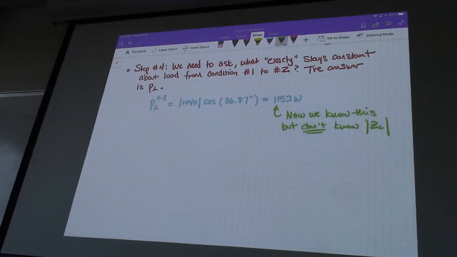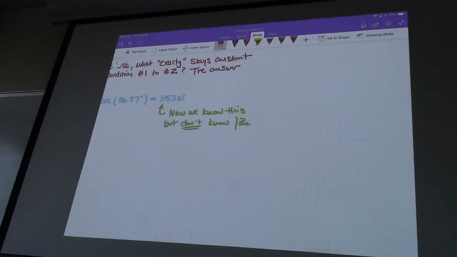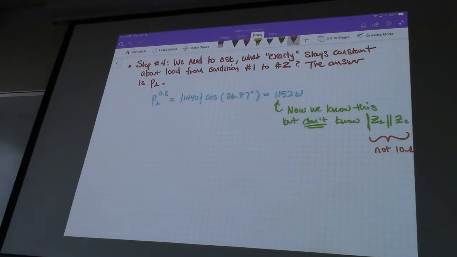But what we really don't know is the magnitude of ZL in parallel with ZC, because that's the new equivalent load that we have there. So, make a long story short, I know this is a little bit of a convoluted explanation, but does everybody understand what we're saying there?